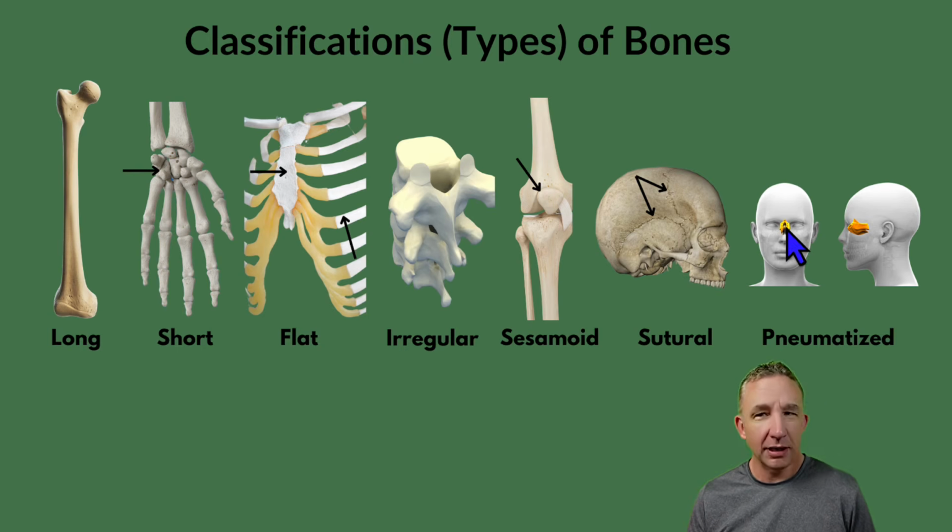Some texts don't talk about pneumatized bone, but this is an example of the ethmoid bone. The ethmoid bone comes right in top of my nose, and it'll show up on the inside of the cranial floor when I open up the cranium. But a pneumatized bone is essentially an irregular bone, but the difference is it has a lot of air sacs to it. This helps with our sinuses and draining when we think about getting into our nasal cavity.